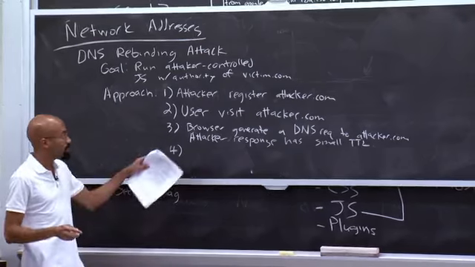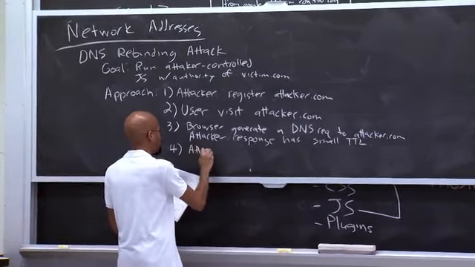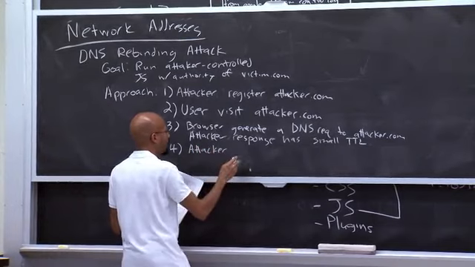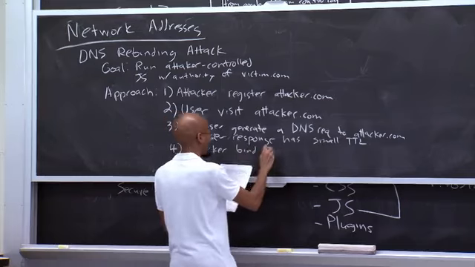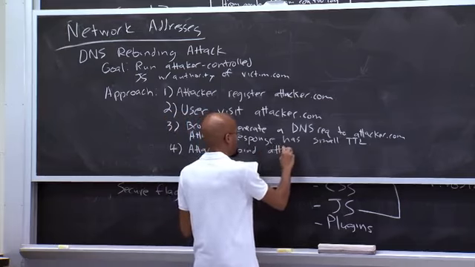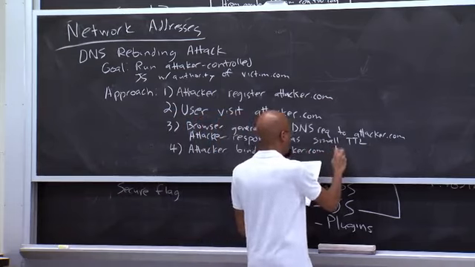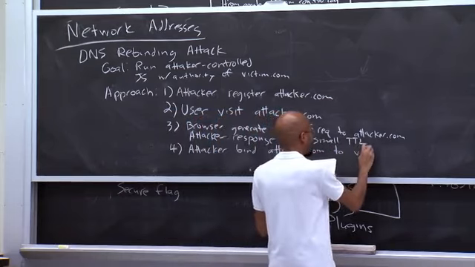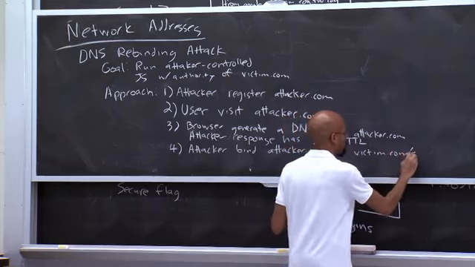Meanwhile, while the user is interacting with the site, the attacker is going to configure the DNS server that he controls. The attacker is going to bind the attacker.com name to victim.com's IP address.